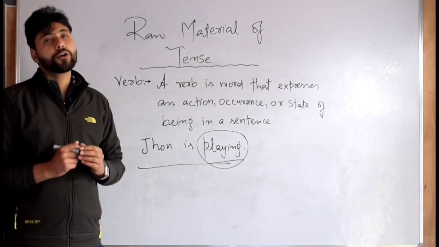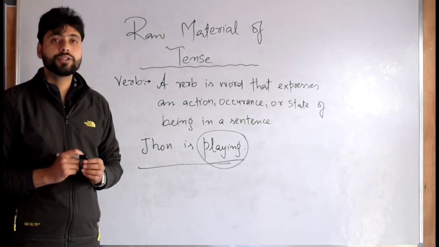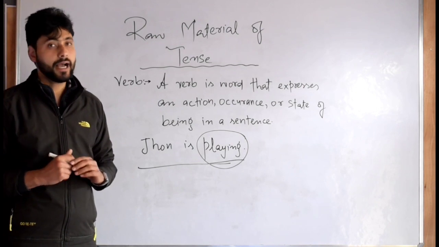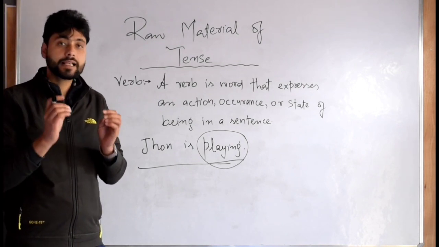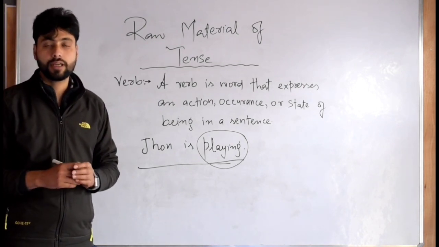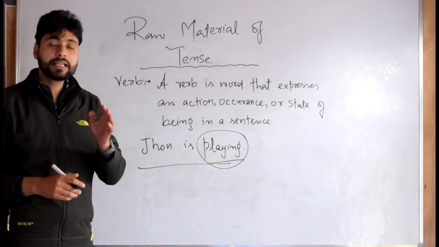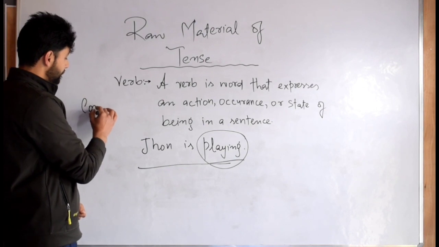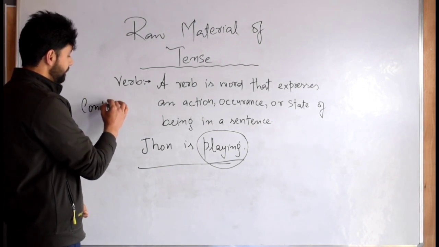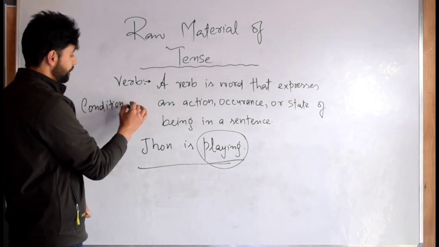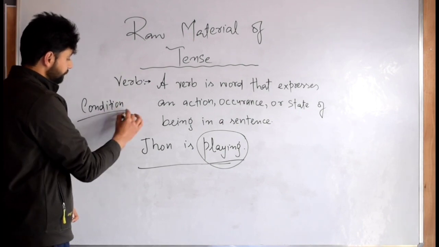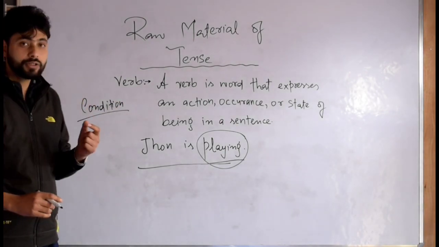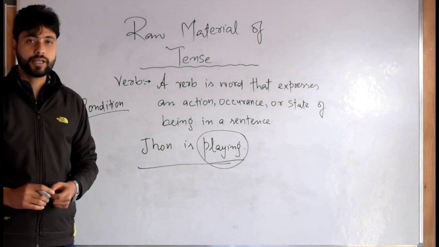One important point here you need to keep in mind is that verb is an essential component in a sentence, as it shows us in what condition the subject is. So it actually shows us the condition of a subject.